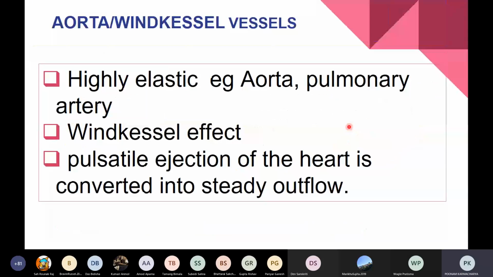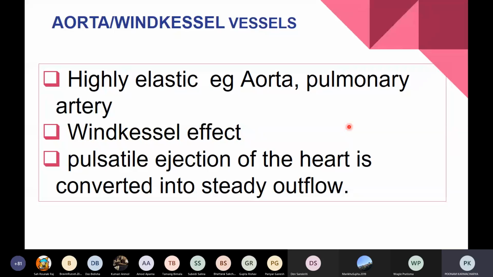So the first one is aorta. It is also called the Windkessel vessel. Well, aorta is called the Windkessel vessel because it is highly elastic, and the meaning of Windkessel is elastic reservoir. Okay, so aorta.